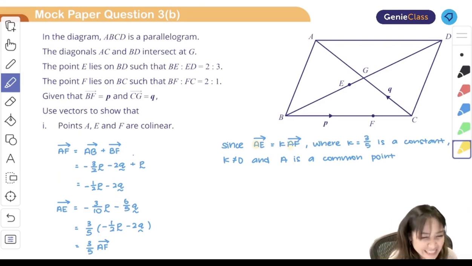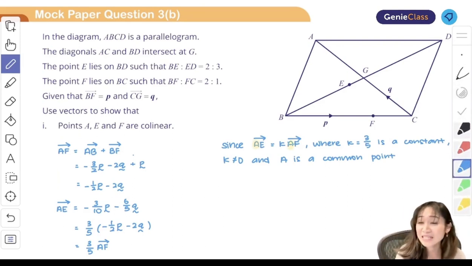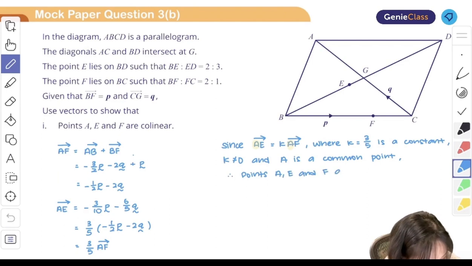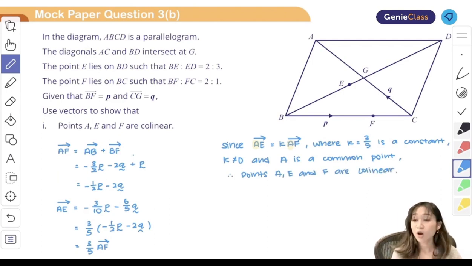Practice writing it out. I hope you did write it out in the mock paper. Therefore, points A, E and F are collinear.